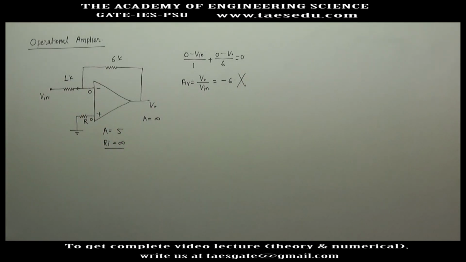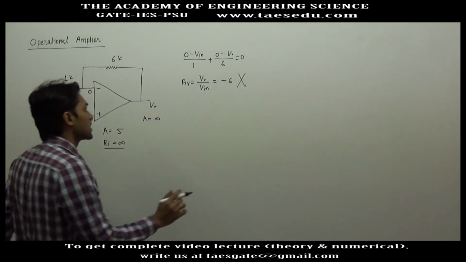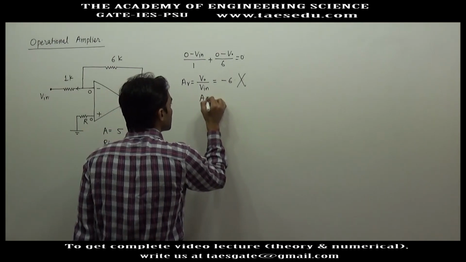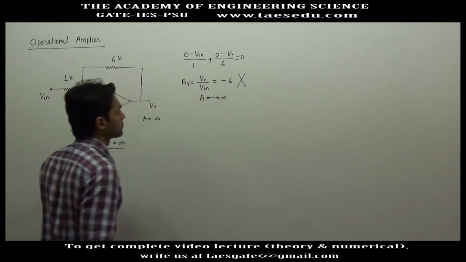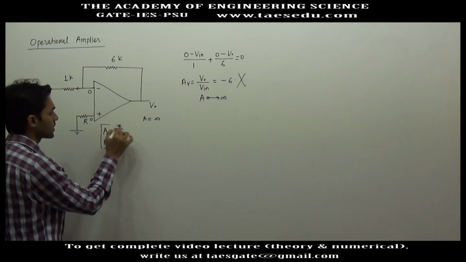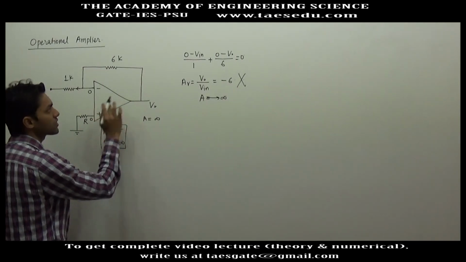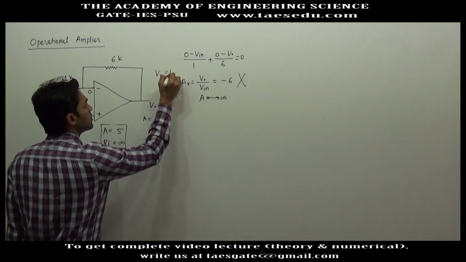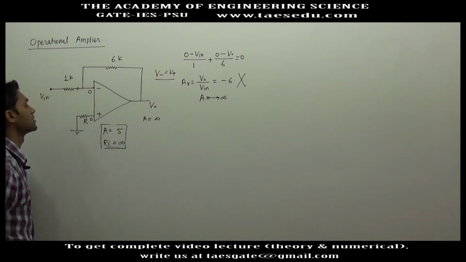This is applicable only when the open loop gain tends to infinity, so this is not the case, and we cannot apply the ready-made result V minus equal to V plus. Now we will go with the procedure.